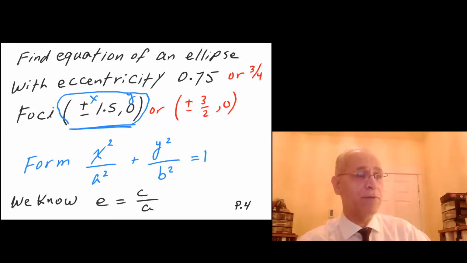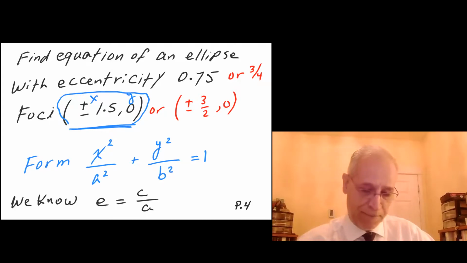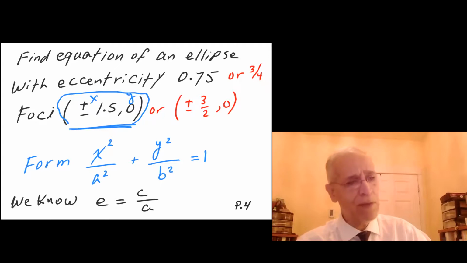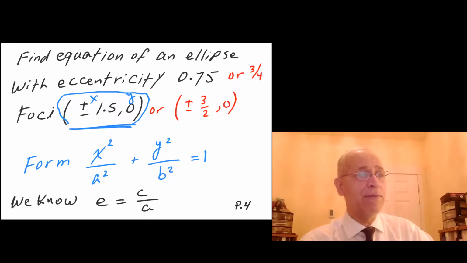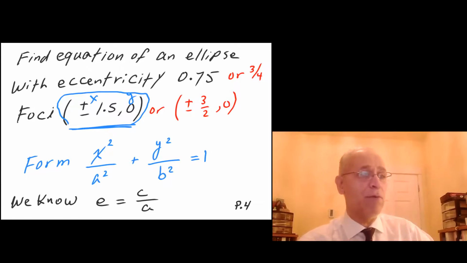So I know the foci are located on the x-axis, or at least parallel to the x-axis, and the foci are always located on the major axis. What else is given to us? The eccentricity. So I know e equals c divided by a.